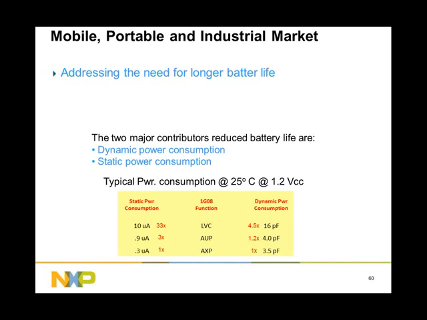So you can see that an LVC device in the static mode is consuming 33 times more power than the AXP device in the same mode. So these are very important considerations to take into account when you are designing your circuits and what logic components you're going to use to provide the glue between the various ASICs and microprocessors that you're using.